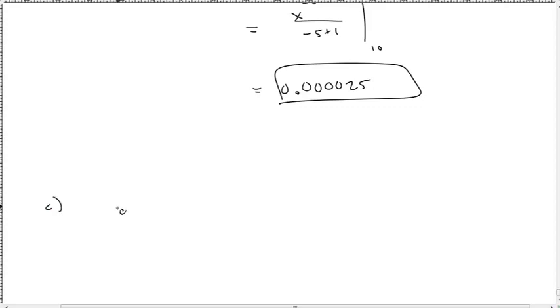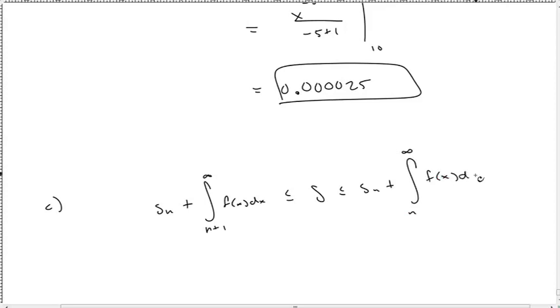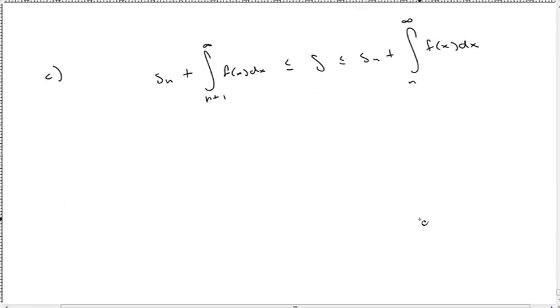Part C now says your S sub n plus the integral from n plus 1 of f of x dx is less than the actual sum, which is less than S sub n plus the remainder at n. Oh my goodness, what are they doing now? So what they're saying here with this n and n plus 1 is that this is the integral from 11 to infinity of 1 over x to the 5th dx.